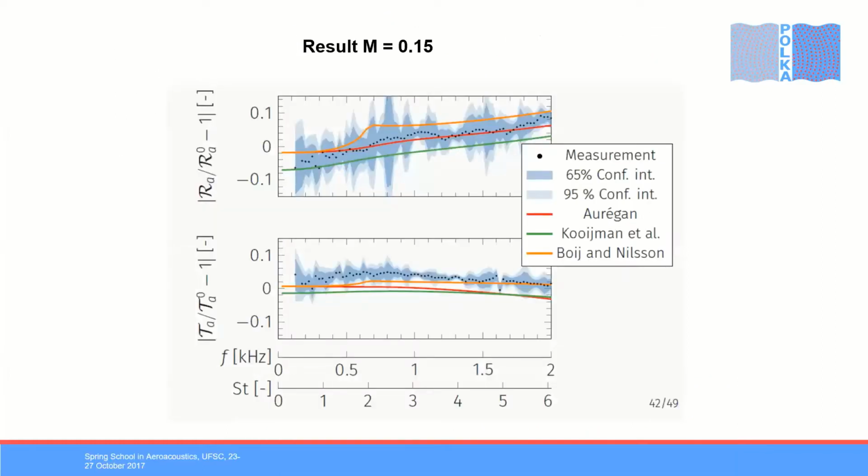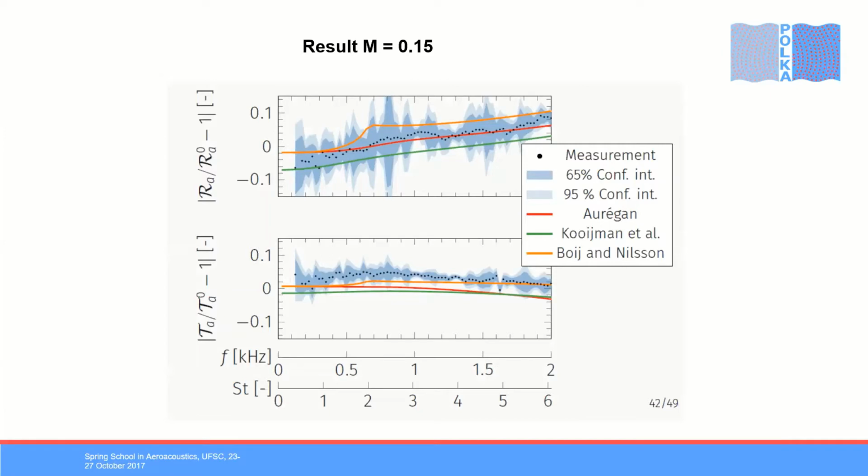And the final slide, just to show that it's useful to have this kind of analysis, to try to look at comparing with theories. So there are 3 theoretical results: Bodén, Koyman, and Susanne Boij and Bodén Nilsson. So it's KTH work. It's the orange curve.